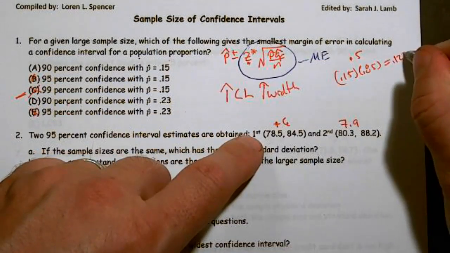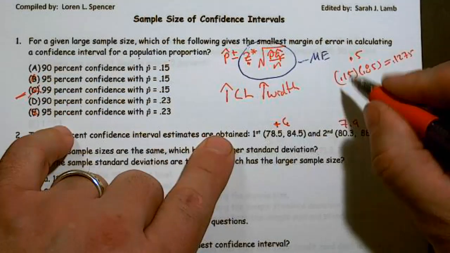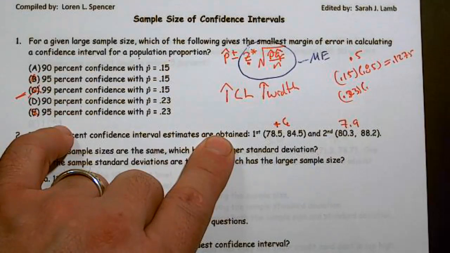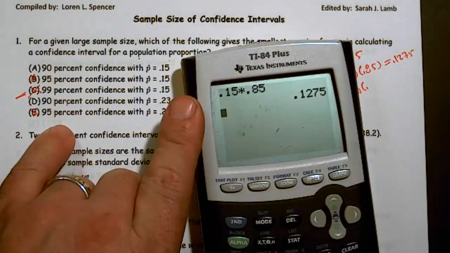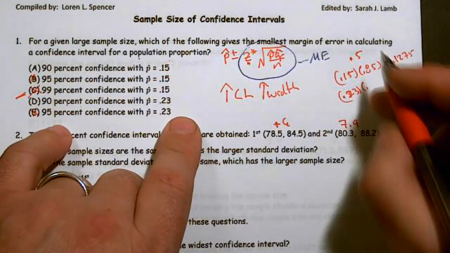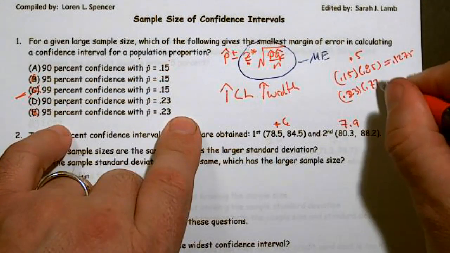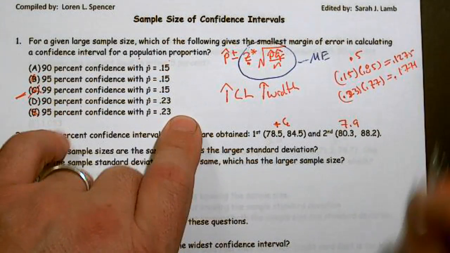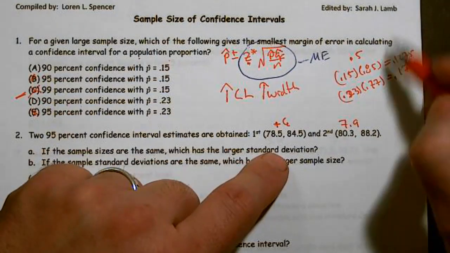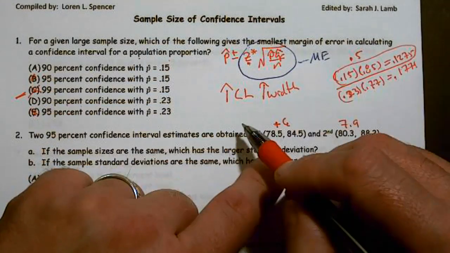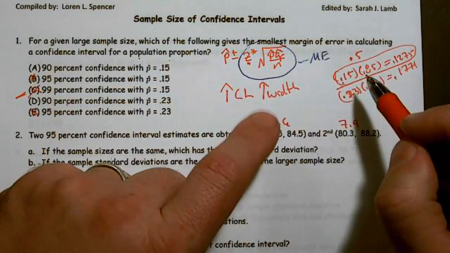So that's 0.1275 versus the other one, which is 0.23 times 0.77, which equals 0.1771. And I'm going to be looking for the one that's the smallest. Well, this gives me the smaller value, so this will have the smallest width.